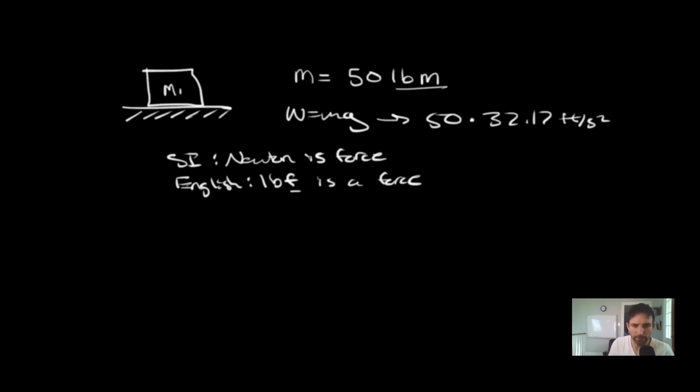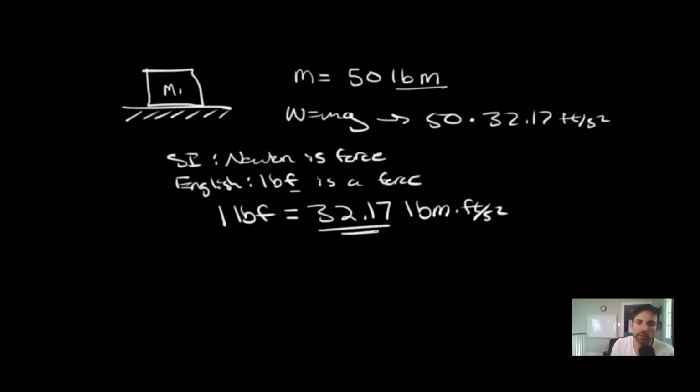So, there is a difference though. 1 pound force is equal to 32.17 pound mass times feet per second squared.